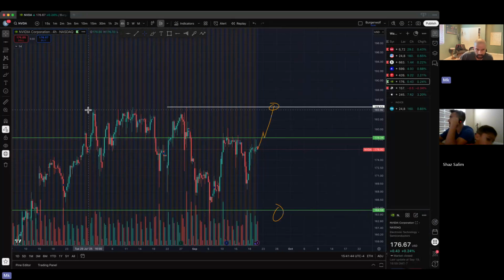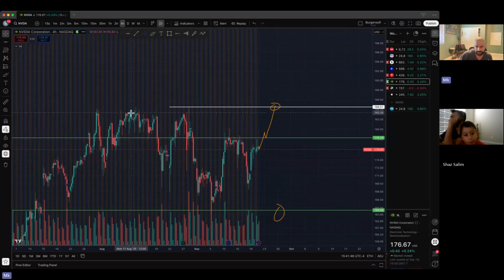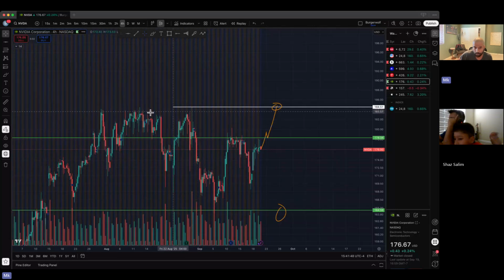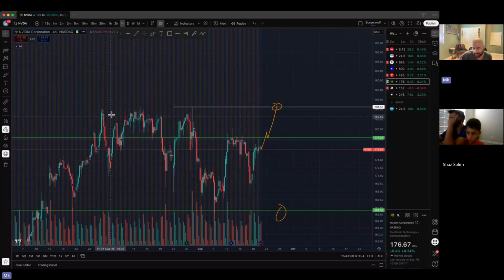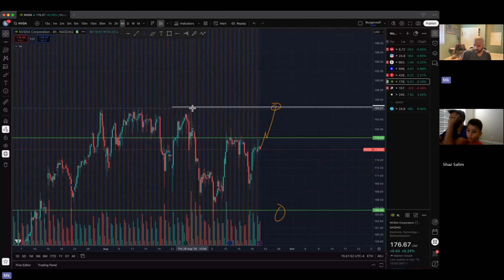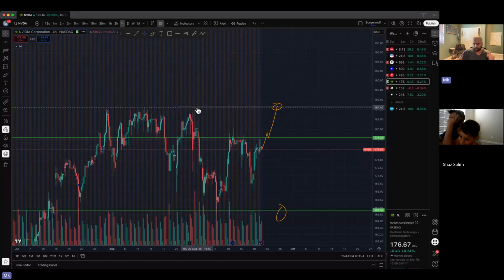Because you have 1, 2, 3, 4, 5, 10 plus touches here, and price could not get above. And every time it got there, it aggressively wicked down. Whenever you see an aggressive wick, automatically think there's liquidity there. There's unfilled buyers or sellers. So price wants to come back to that level to take out those buyers and sellers and then make the move.